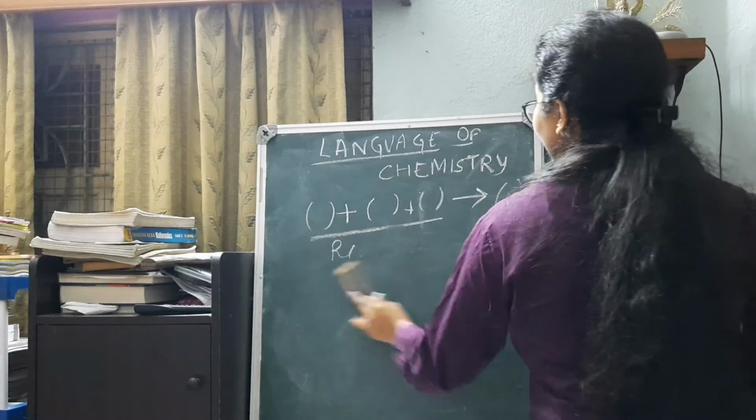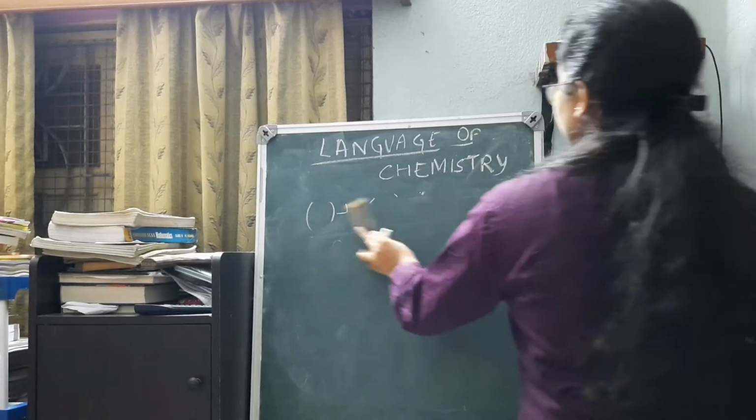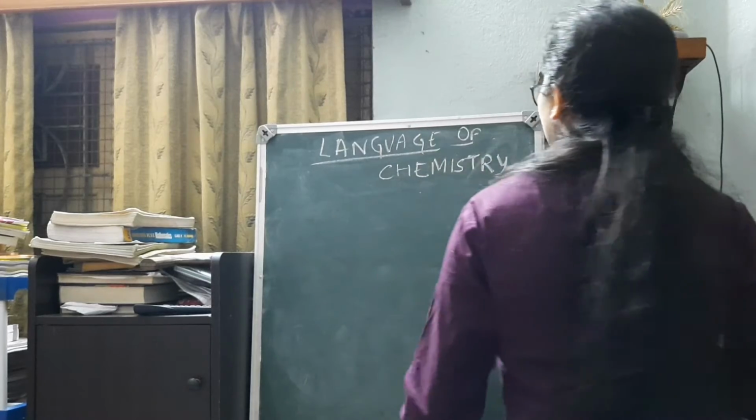So, let's see an example of a chemical equation. For example, sodium and H2O.